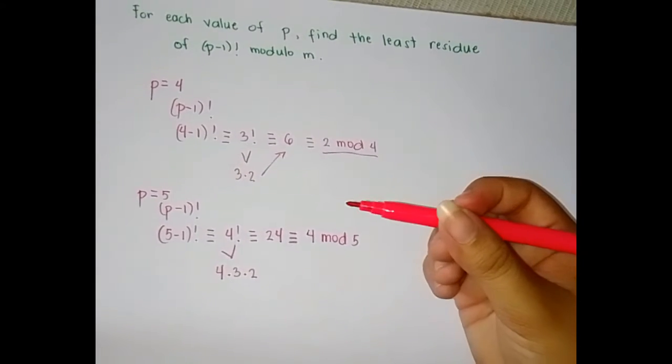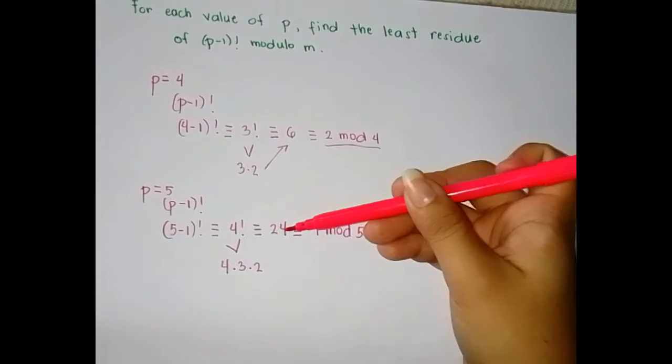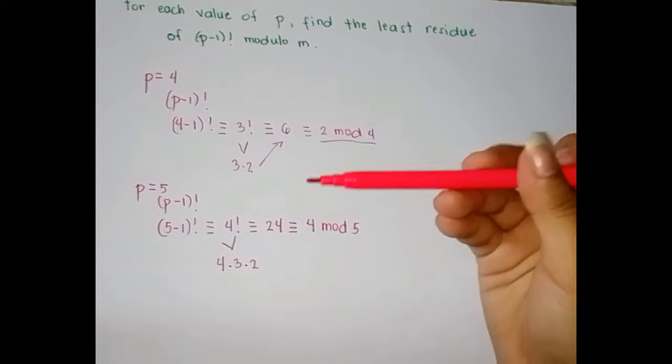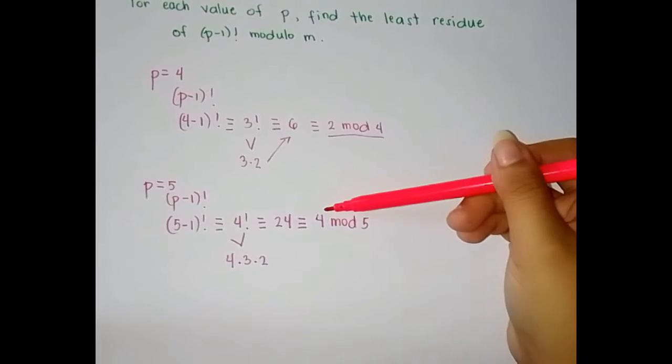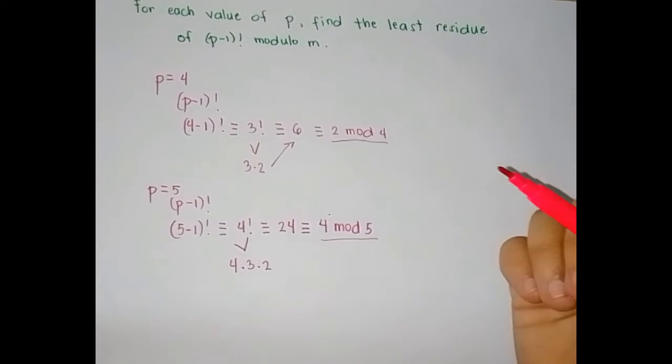We find the multiple of 5 nearest to 24, so we have 4 times 5 equals 20, then 24 minus 20 is equal to 4, so 4 is the remainder. Then we have 4 mod 5.